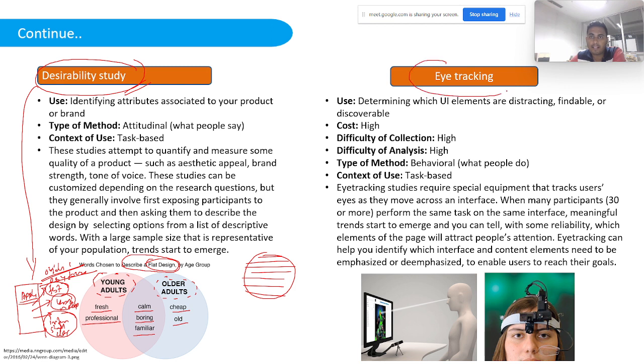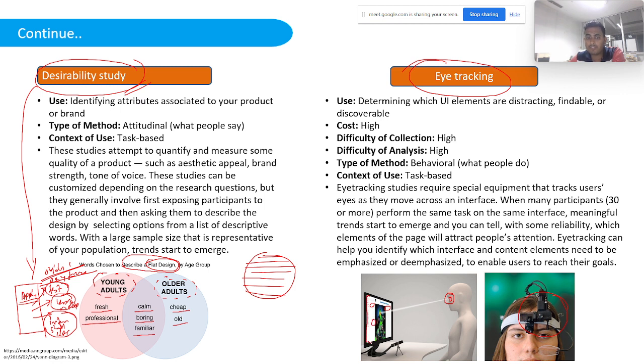Then we have eye tracking. You have probably seen the two videos of eye tracking, where a particular instrument is used to track the pupils and locate the person's viewing angle and see where the person navigates with his eyes during a particular activity.